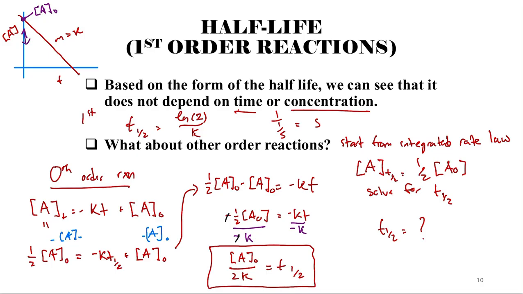And so this does depend on the initial concentration. All right, so first order reaction, the half-life stays the same no matter what your concentration is. For zeroth order reaction, the larger your initial concentration is, the longer the half-life is. That also means that as the reaction proceeds, what happens to the concentration of A here?